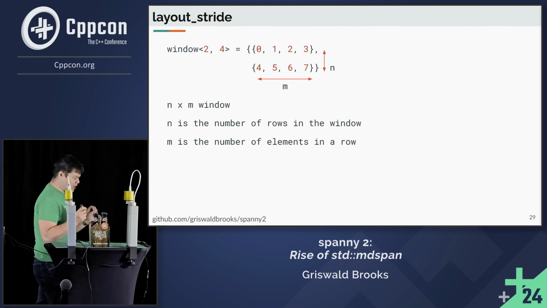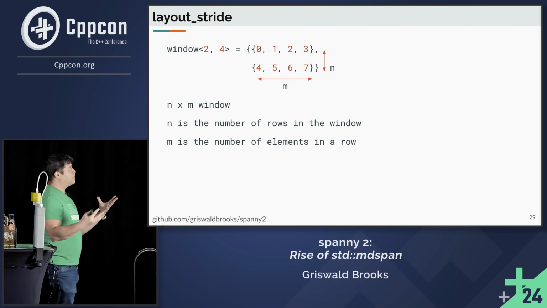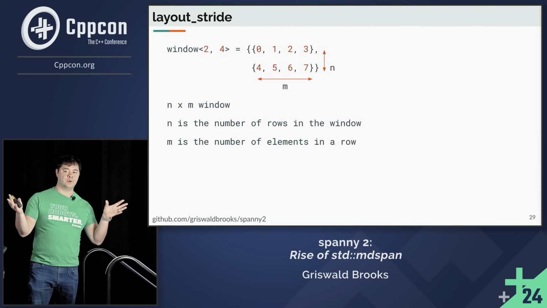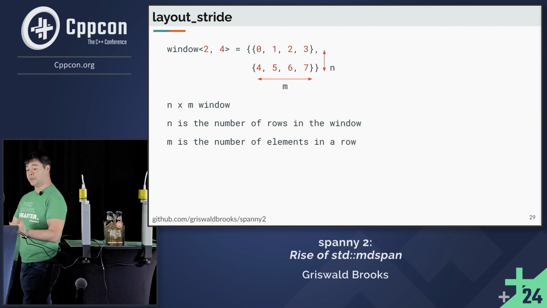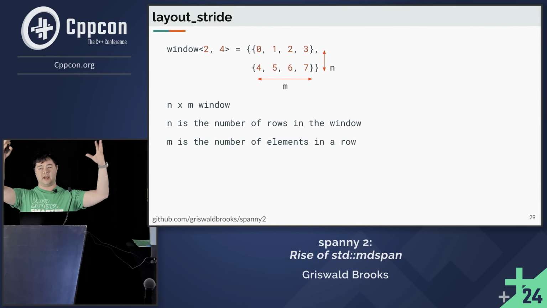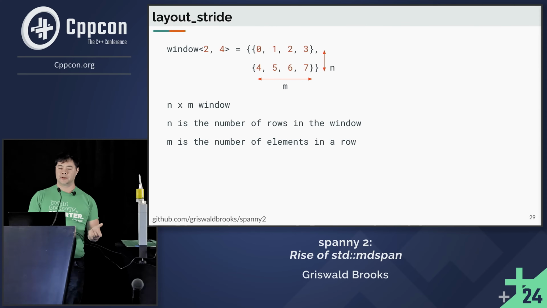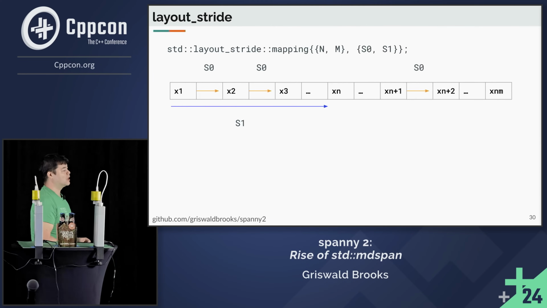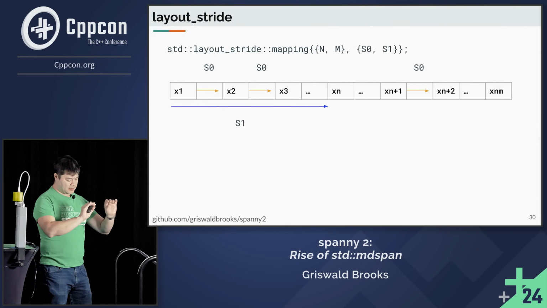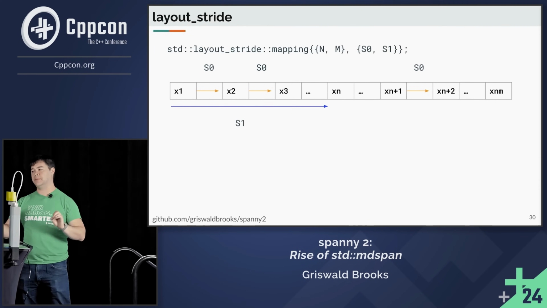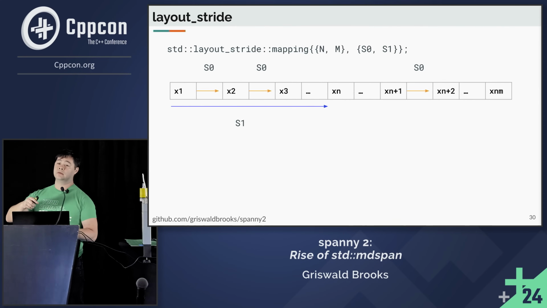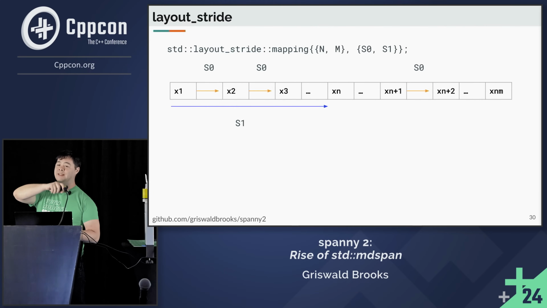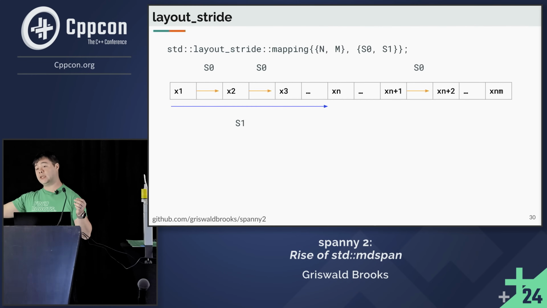So let's get a little bit more concrete. Let's say we had this 2x4 view, window, little matrix, whatever you want to call it, that we want to represent in this larger memory space, right? If we were to look at that one-dimensional memory space, and we were to take the first parameter, S0, S0 is the number of elements in between elements, right?